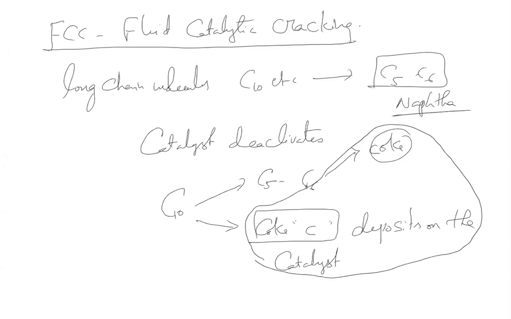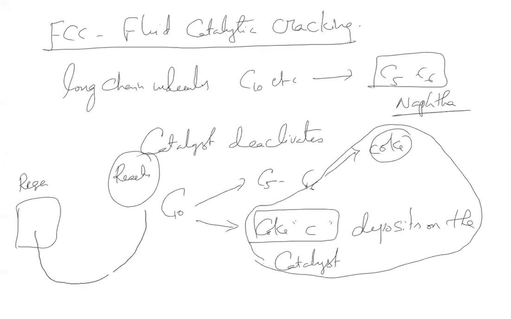That is why in FCC you have a regenerator and a reactor. The catalyst is continuously moving from the reactor to the regenerator, and from the regenerator to the reactor.